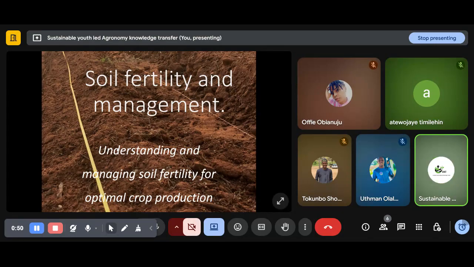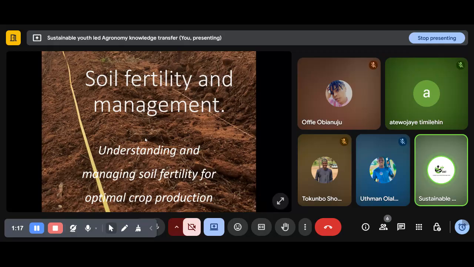So today we are moving to another topic. We'll be talking on soil fertility and management: understanding and managing soil fertility for optimal crop production. First of all, if we are doing crop production, we need to consider that the first foundation is your soil.